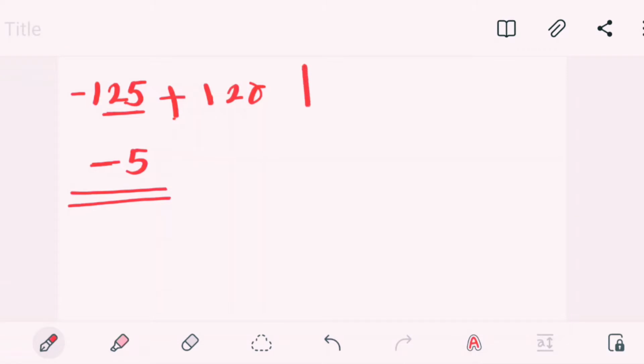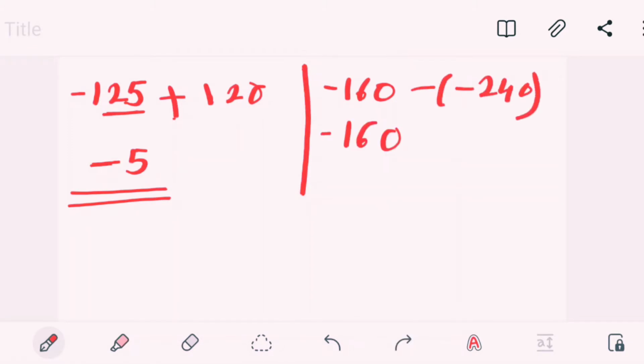Difference of minus 160 minus 240. Here minus minus becomes plus 240, and minus plus is minus, and the sign is of the big number. So plus 240 minus 160 is 80.